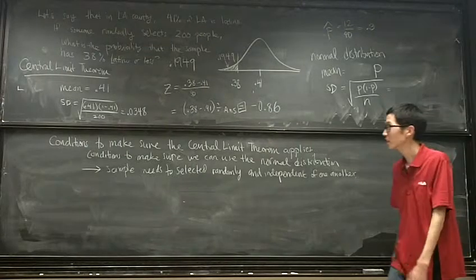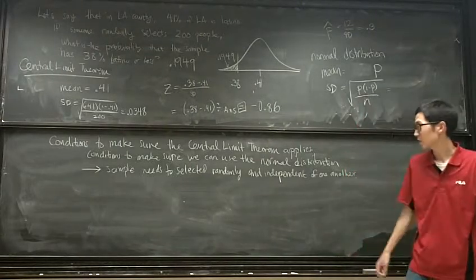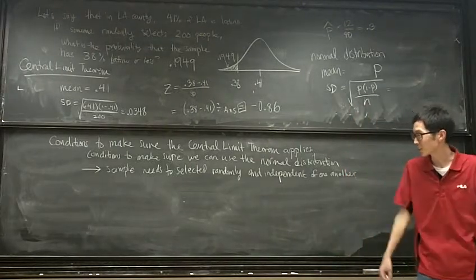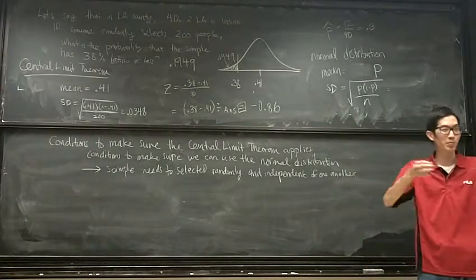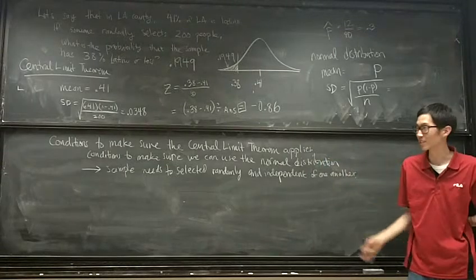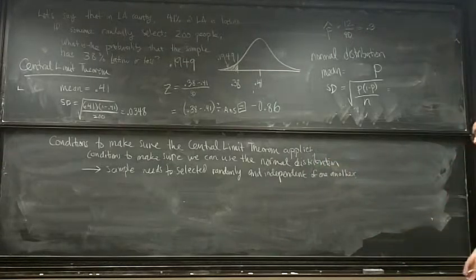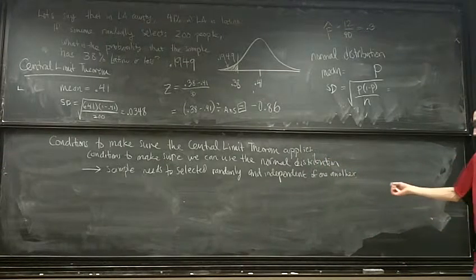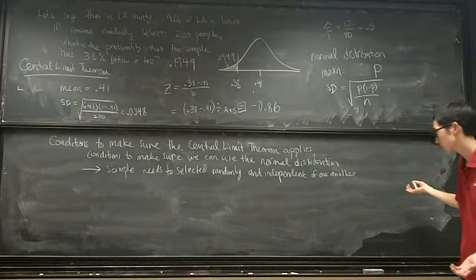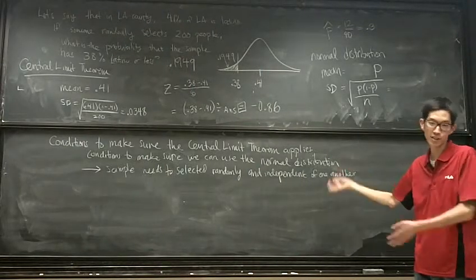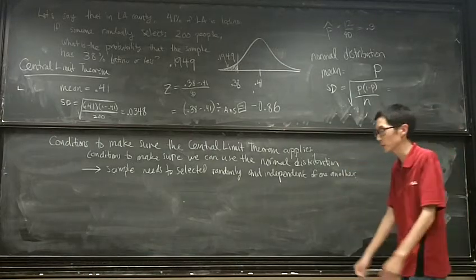As much as I'd like to think I have a diverse group of friends, it's not going to be truly reflective of Los Angeles County. So the sample needs to be selected randomly and independent of one another. Otherwise, it won't be representative of the population.